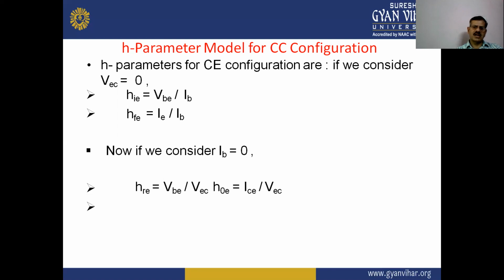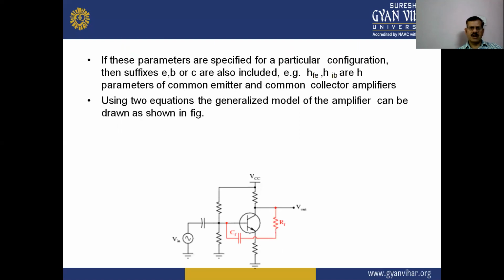Now if we consider IB equal to 0, hr equal to VBE upon VEC and ho equal to IE upon VEC. So these are the parameters for the common collector configuration.